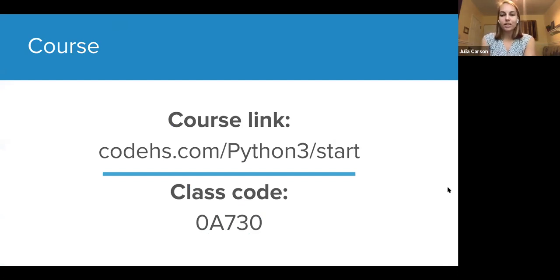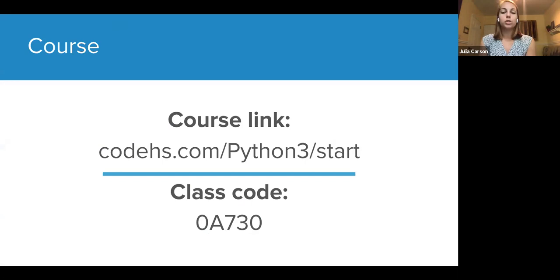The course is being released in beta by using the following link, codehs.com/python3/start. You can join this section using the class code shown here, 0A730. Both of those are zeros in the class code. And you'll have access to all the student-facing content as well as the teacher-facing materials. This is a section that you'll be joining like your students join your classes.